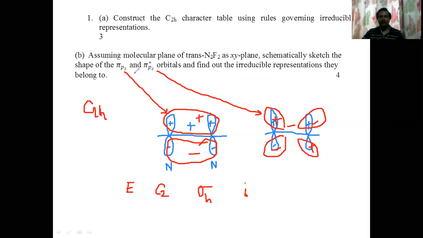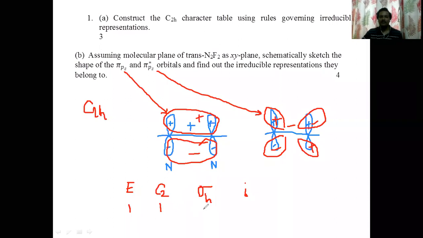So if you operate these on this, what do you get? Identity is 1. If you are doing C2 along Z, this is pi PZ, so Z will go along this, so that is also going to be 1.